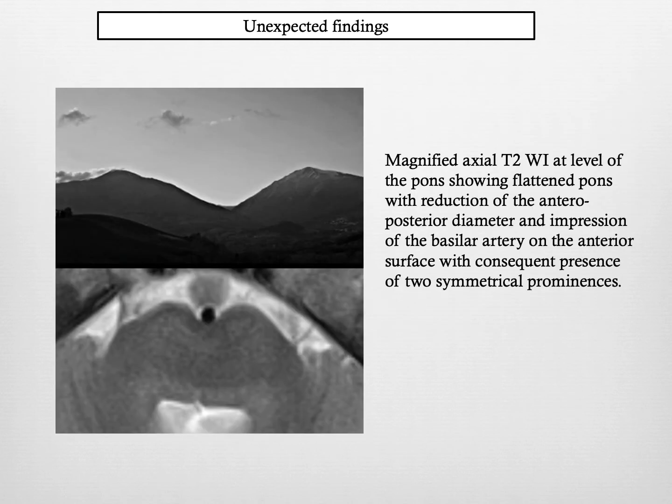We also have these twin mountain signs, as we call them. So the pons in the axial shows a reduction of the midline anteroposterior diameter and these two symmetrical prominences due to the impingement of the basilar artery.